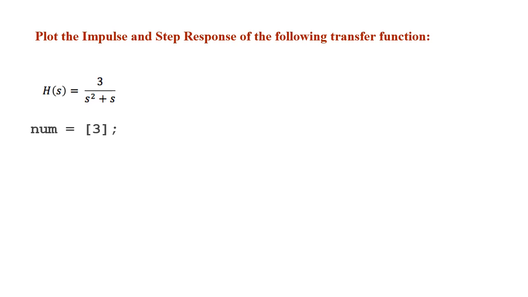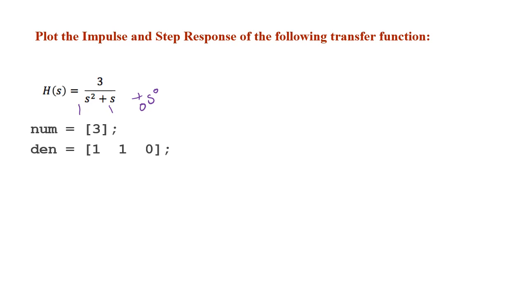For the denominator, we have the coefficients 1 for s squared, and then we have 1 again for s raised to the power 1. For s raised to the power 0, the coefficient doesn't exist, so we can assume a 0 in place of it. So the denominator coefficients are going to simply be 1, 1, 0, stored in an array.